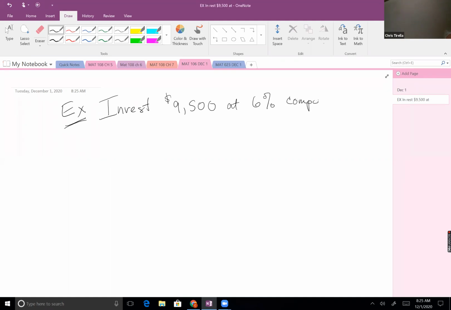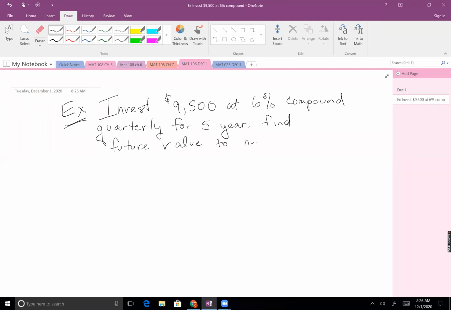This time, let's say we're going to compound quarterly for 5 years. Let's find the future value to the nearest cent, and the total interest.